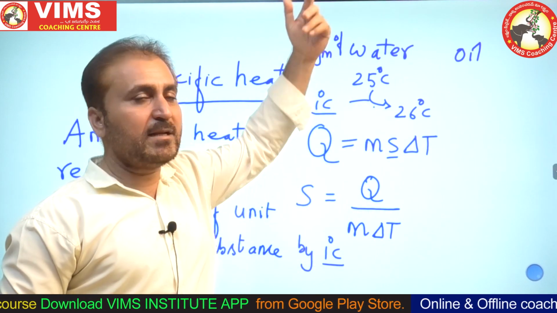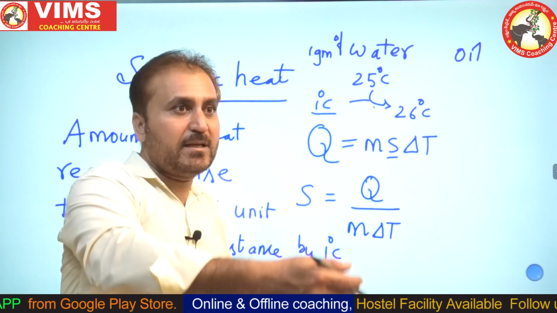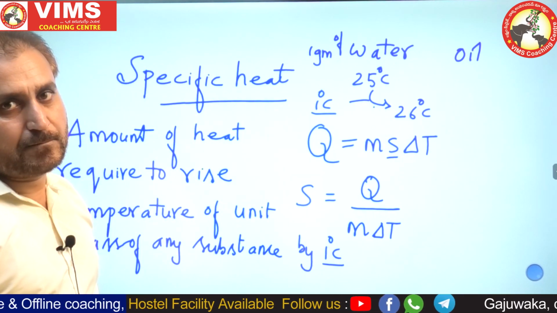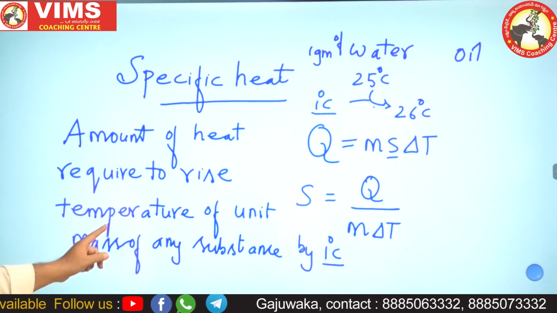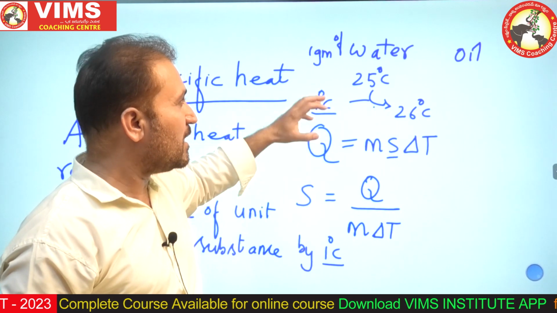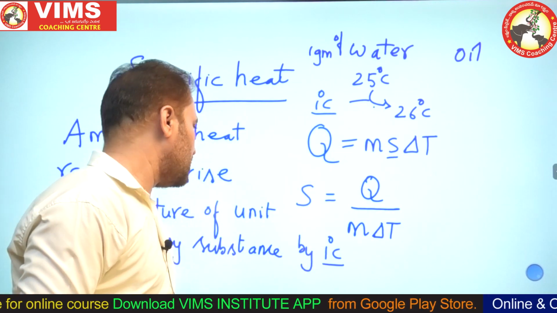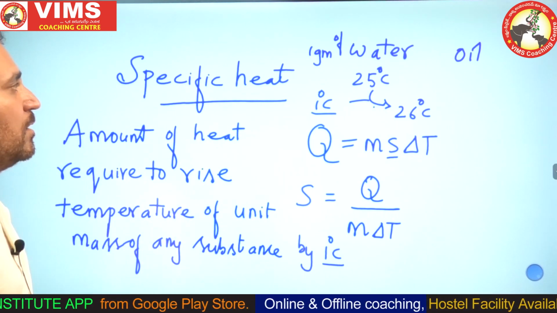How much do you want to increase it? 1 degree Celsius. How much heat is required? That heat is nothing but specific heat. So what is the specific heat? Amount of heat required to rise the temperature of unit mass. In physics, 1 kg, 1 gram, anything related to 1, is called a unit. Unit mass of any substance by 1 degree Celsius.